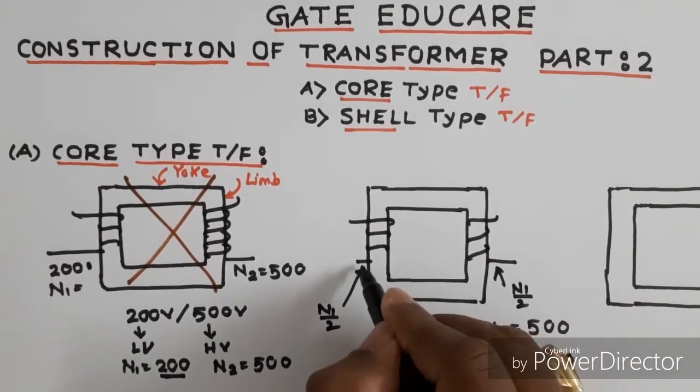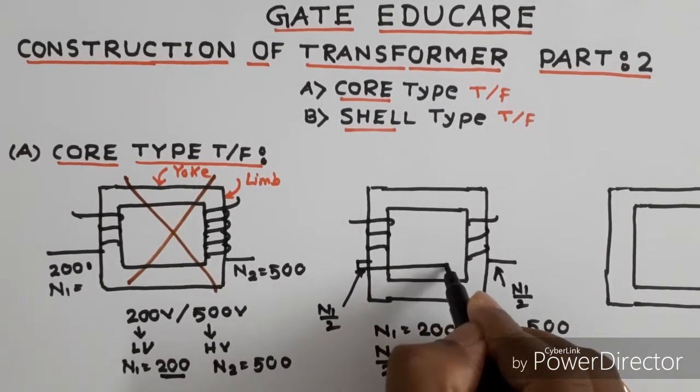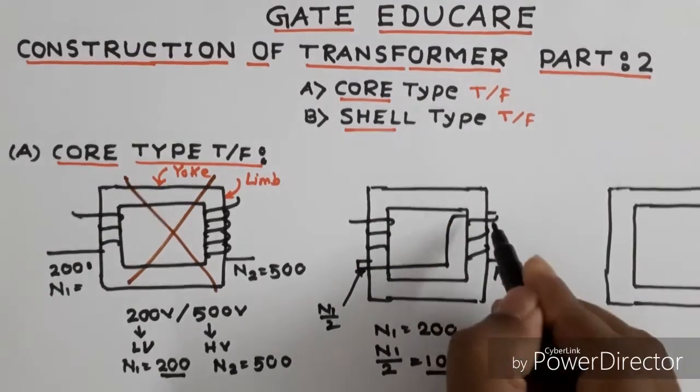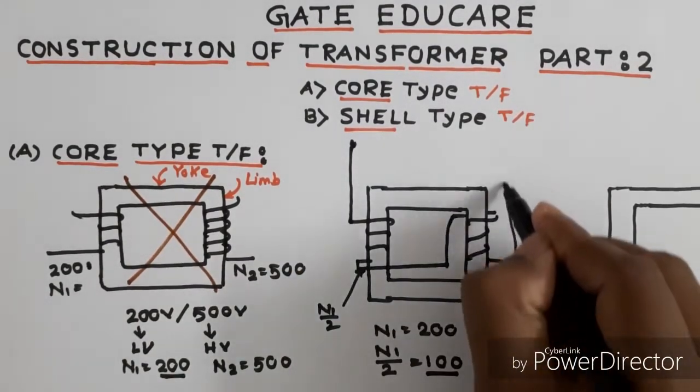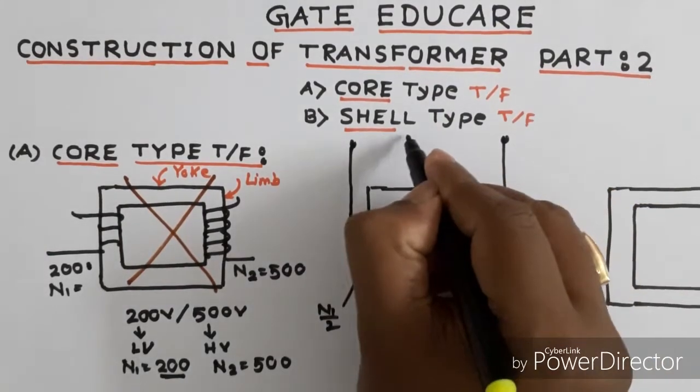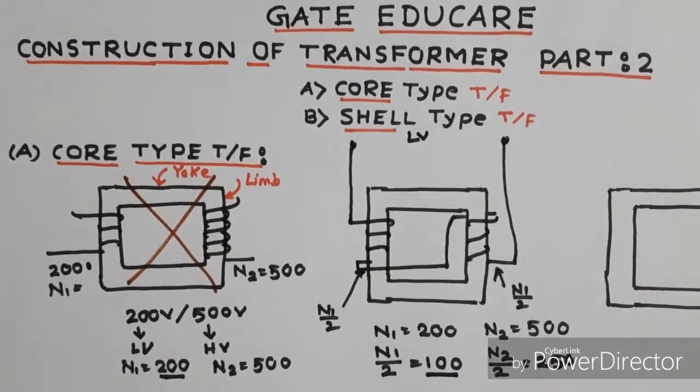Now these two windings are connected in series and two terminals come outside. This is the LV winding.